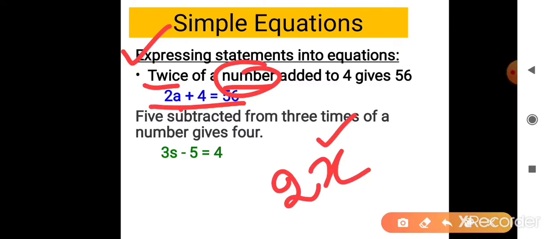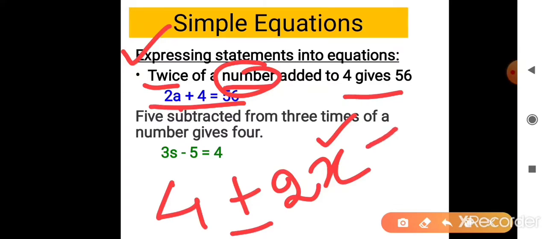Either you can add 4 this way, or we can add 4 here. Since it is an addition, it has the same meaning, and then it reads that twice of that number added to 4 gives 56. So gives should be replaced by an equal sign, and then you can write the number 56.